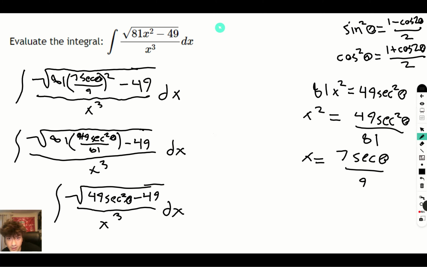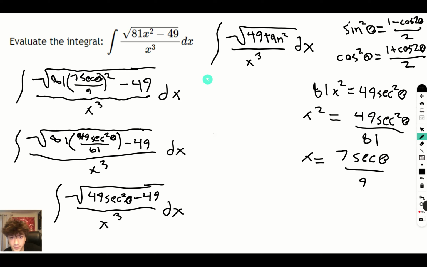So we'll have the integral of square root 49 tangent squared theta over x cubed dx. And then we realize that we're able to take the square root of it. Square root of 49 is 7, square root of tangent squared theta is tan theta.